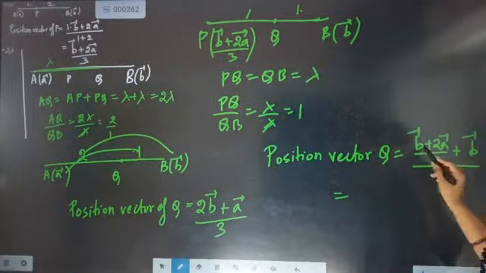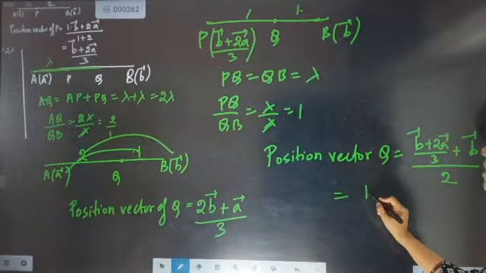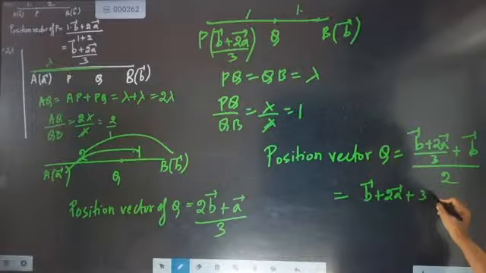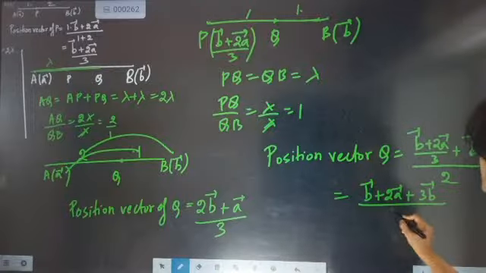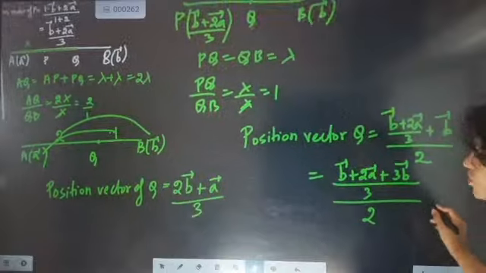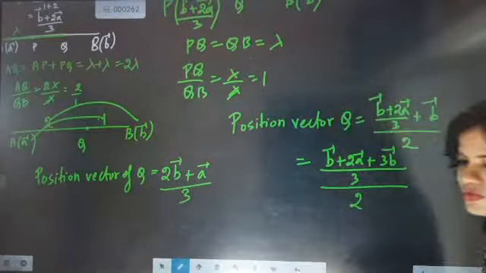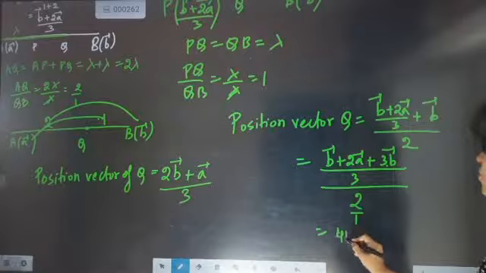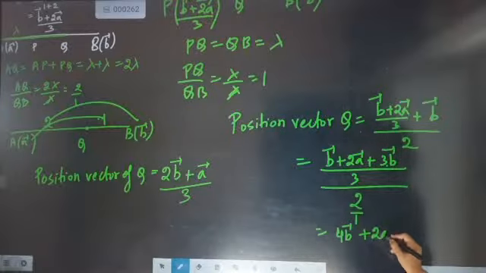Now look here, first work is 3 will multiply with b, so b vector plus 2a vector plus 3b vector by 3 will be coming, and denominator 2 is there. So now denominator 2 means 2 by 1, and then it will become 3b plus b will become 4b vector plus 2a vector by 2 into 3, 6.